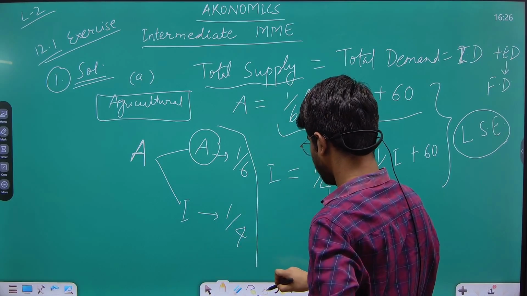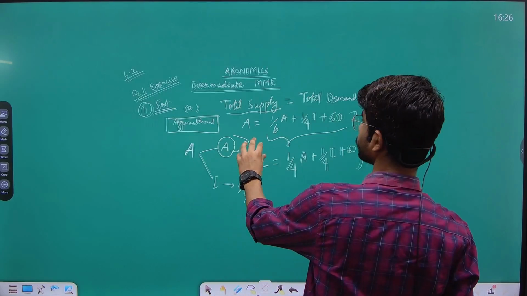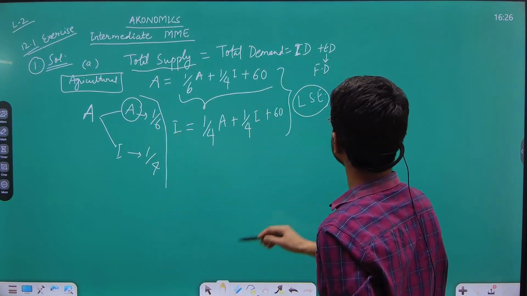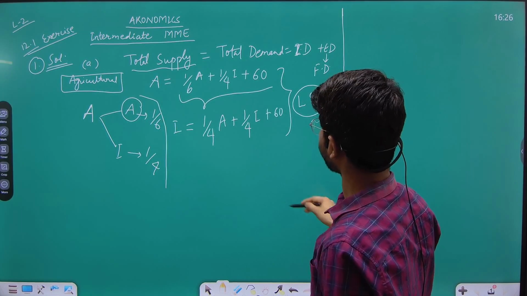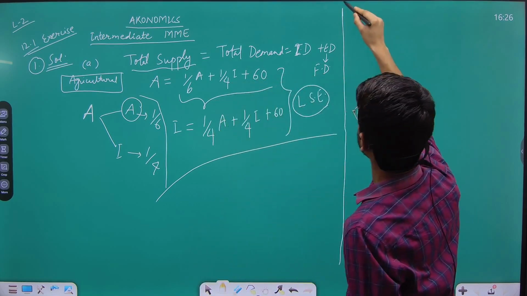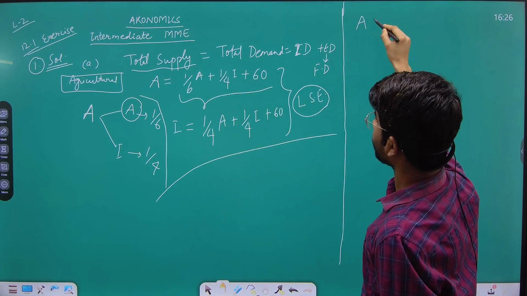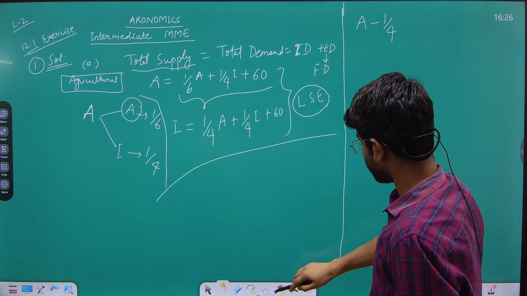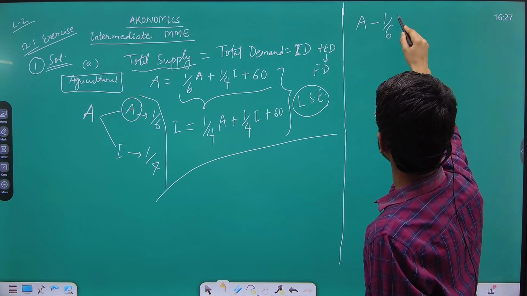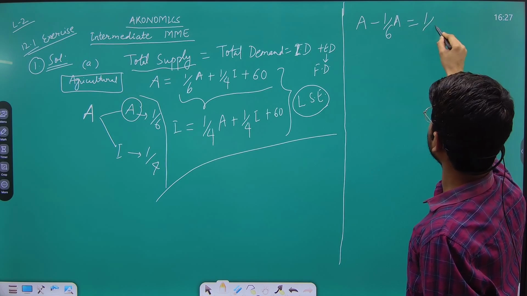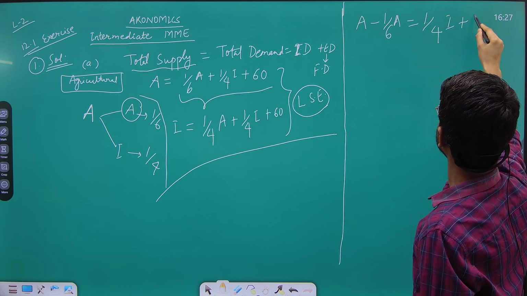So you will have A minus 1/6 A equal to 1/4 I plus 60.